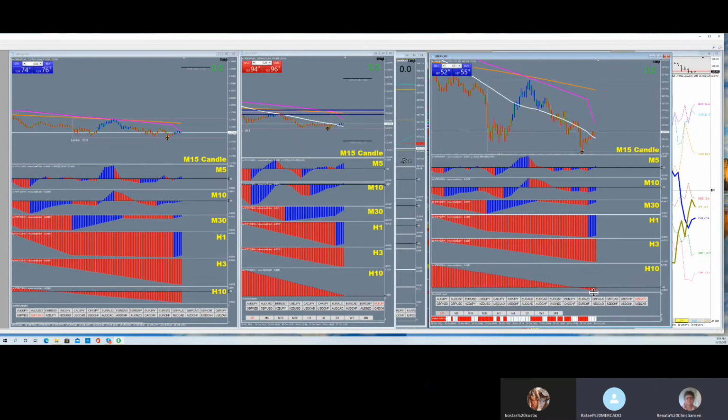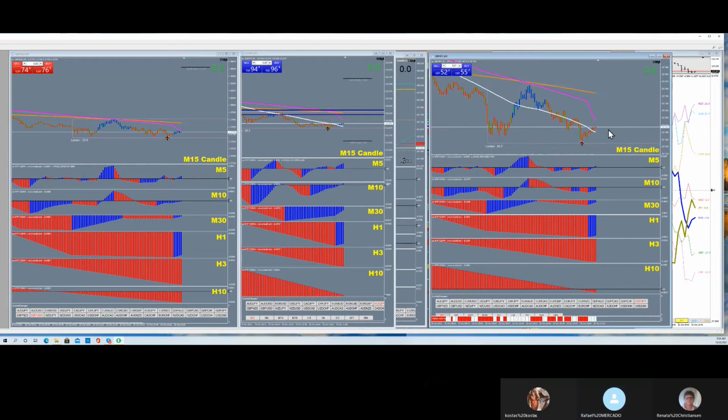Yeah, I got pretty high spreads, so I have to try to get good entries.